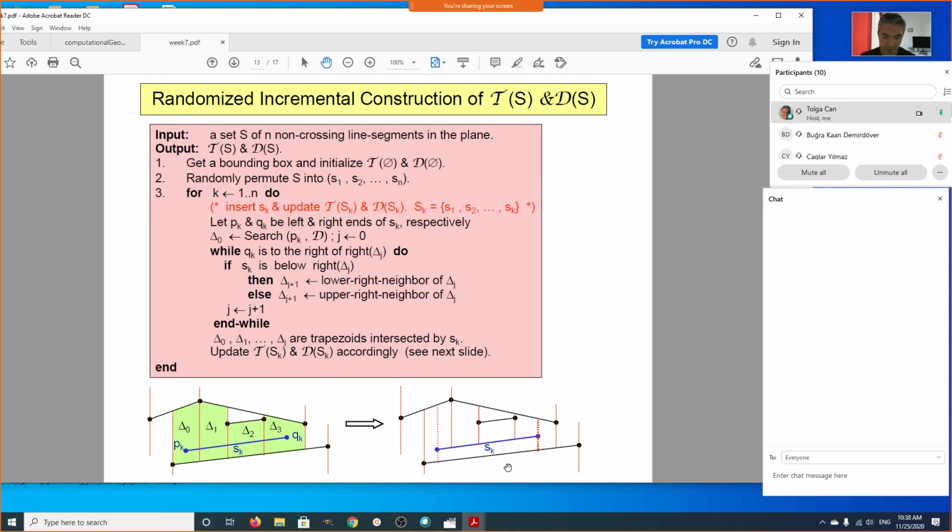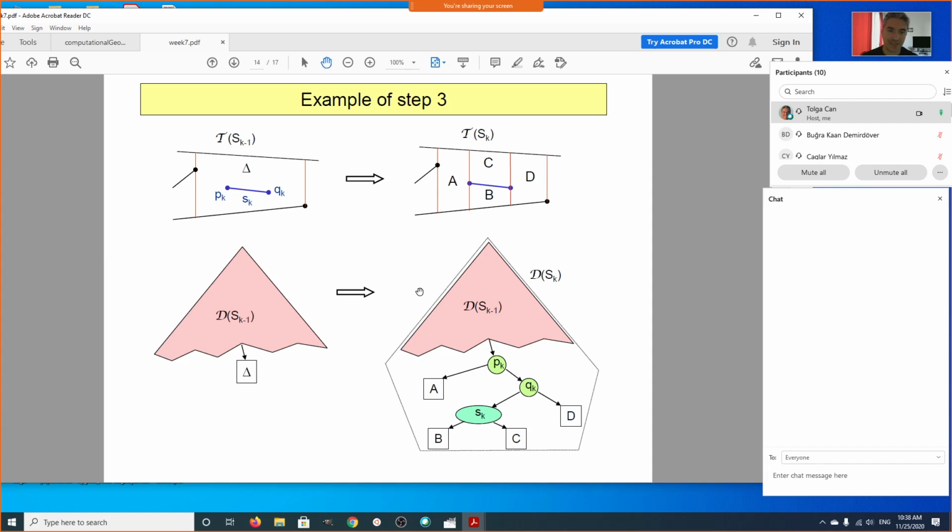Let's look at the examples on the slide. Everything we do here is indicated by one line: update the trapezoidal map and the search structure accordingly. Some examples are provided on the next slides.